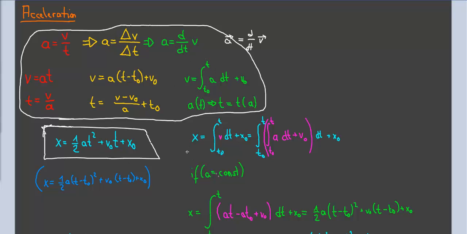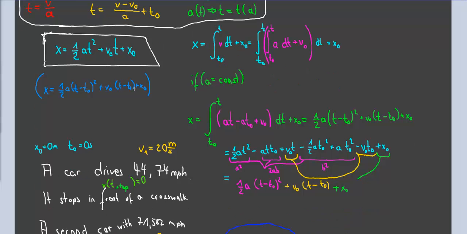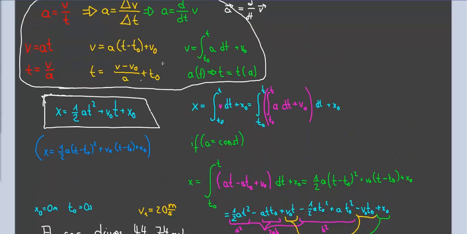The other times we use the definitions and we get this upper formula right here, which we don't need to remember because we can just use the definitions. So either we use the definitions or we use this formula for constant accelerations. These two things are pretty important, so you should definitely remember them.